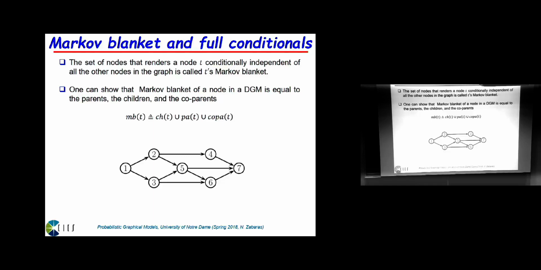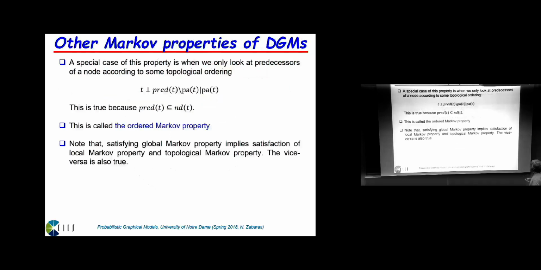So basically, knowing 2, 3, 4, 6, and 7, node 5 is independent of node 1. Okay? So, in essence, think that these nodes isolate node 5, all right? They separate node 5 from the rest of the nodes in the graph, okay?